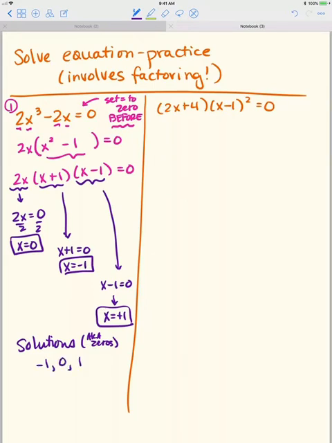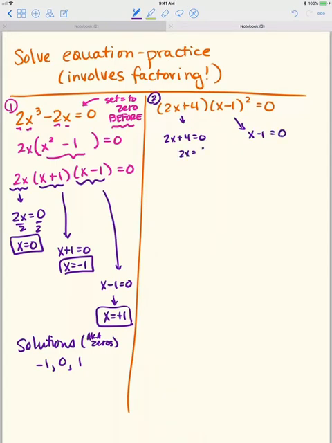All right. The second one is already sort of factored for us. Even though there's a 2 in common in the 2x plus 4, you can factor it out, but it doesn't really help with solving. So we can set each one of those factors equal to 0. So 2x plus 4 equals 0, x minus 1 equals 0.